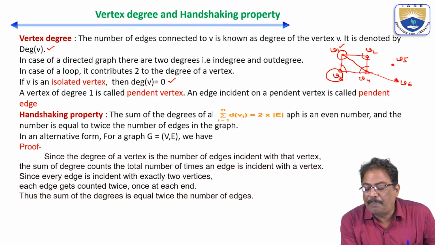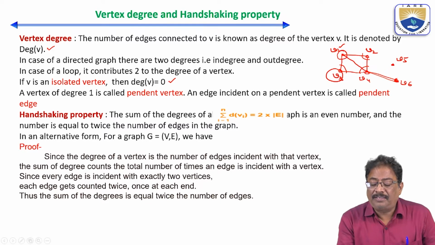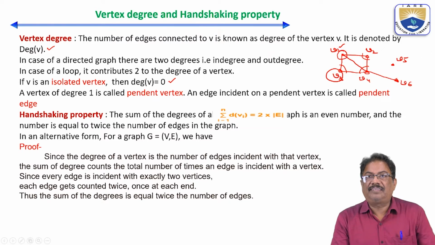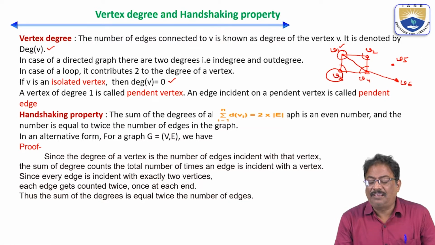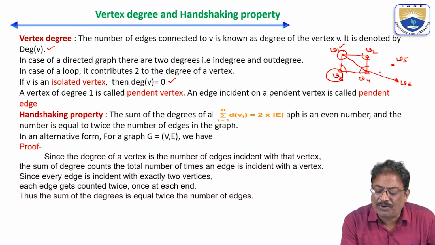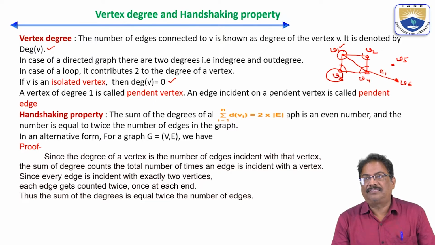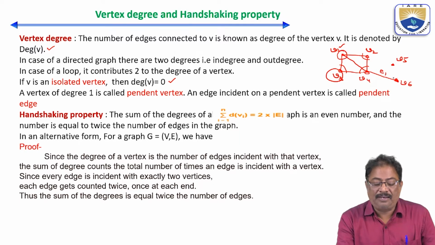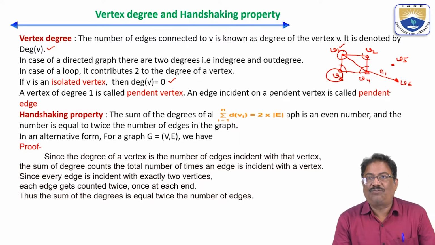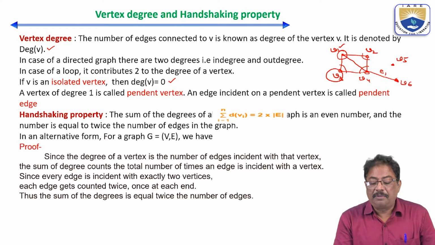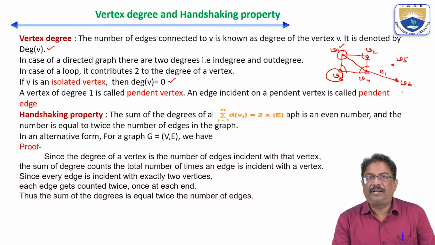Then V6 is a pendant vertex, because it is not connected to any other vertex. So the V6 degree is 1, and the corresponding edge, let us say E1 from V4 to V6, is a pendant edge. The edge incident to a pendant vertex is known as a pendant edge.